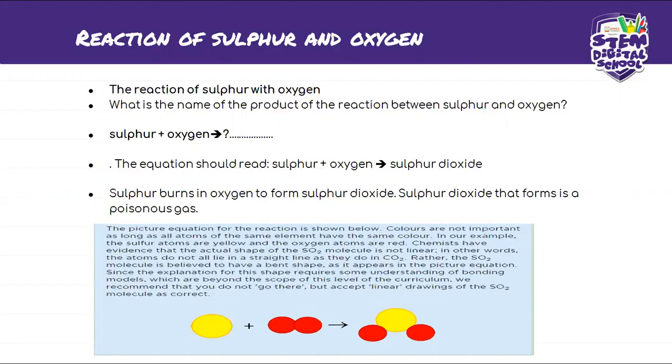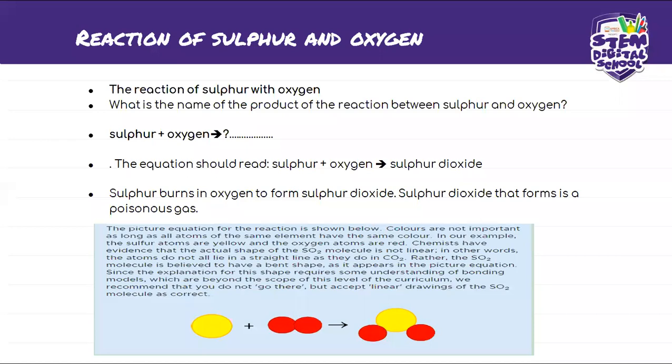If you guess that is sulfur dioxide, then the equation should read sulfur plus oxygen will give us sulfur dioxide. And remember, sulfur burns in oxygen to form sulfur dioxide, a poisonous substance.